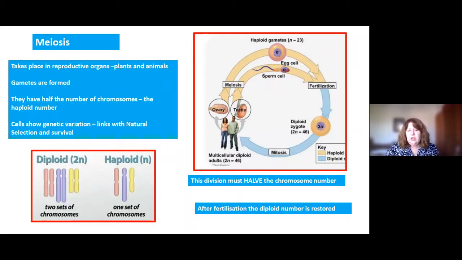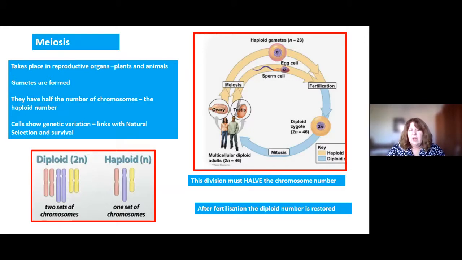So let's look at how meiosis fits into the life cycle. This only takes place in the reproductive organs in plants and animals, and it is a process which produces gametes, so sex cells: egg, sperm, pollen, ovule, depending on whether it's animal or plant.